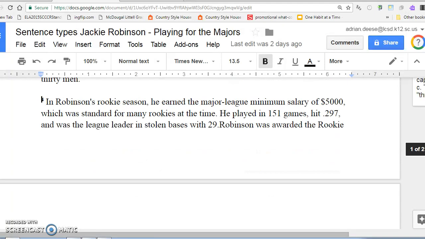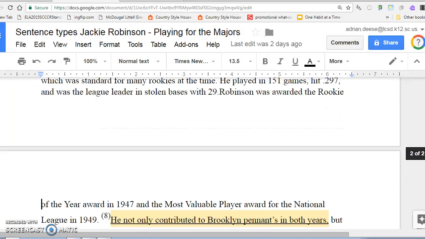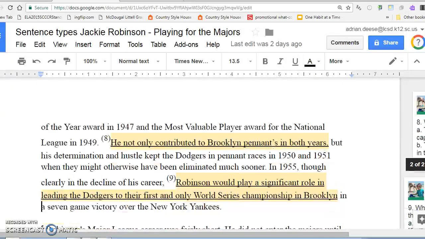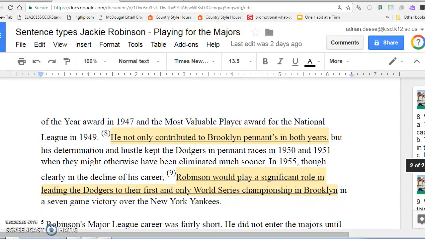In Robinson's rookie season, he earned the major league minimum salary of $5,000, which was standard for many rookies at the time. He played in 151 games, hit .297, and was the league leader in stolen bases with 29. Robinson was awarded Rookie of the Year Award in 1947 and the Most Valuable Player Award for the National League in 1949.